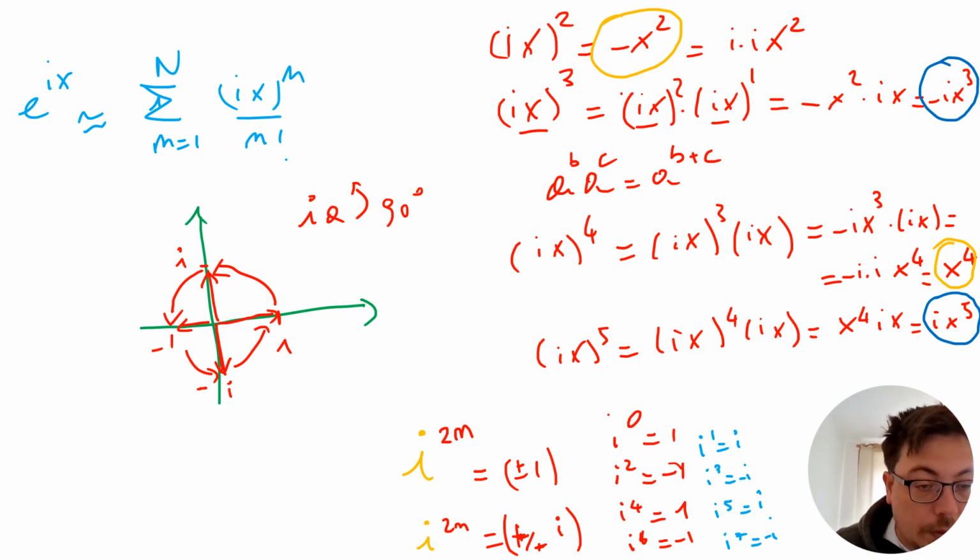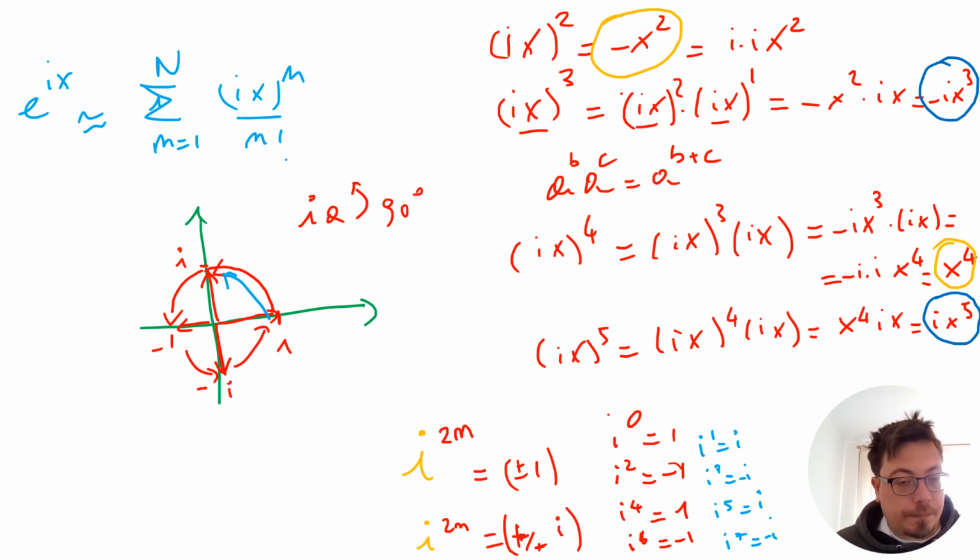Yes, so sorry, let me color this one. This is 1, and the red one is a jump of twice.